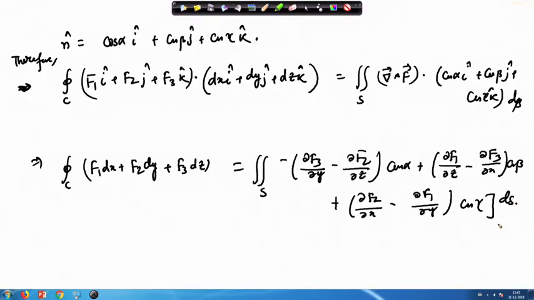So, this is the required form of Stokes theorem in the Cartesian form.